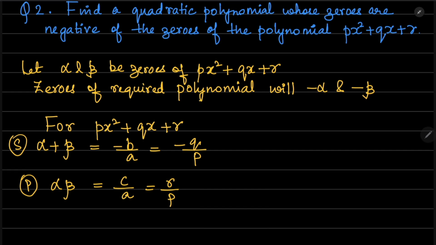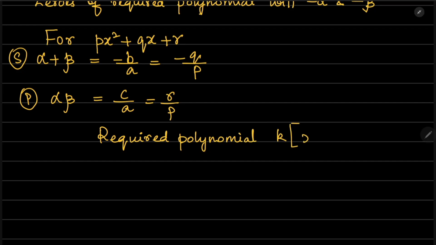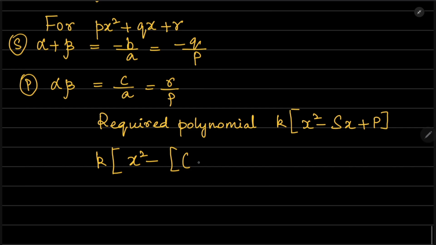Let us write the required polynomial. The formula is k multiplied by x square minus sx plus p, so k multiplied by x square minus, in a square bracket, the sum of zeros.